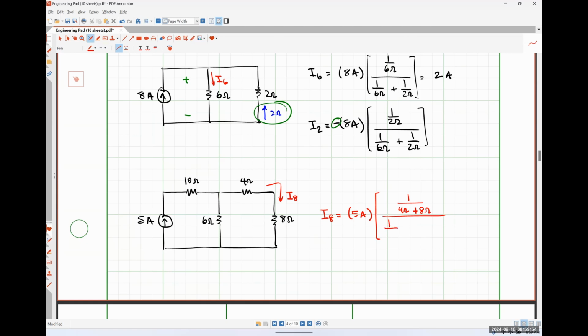Then down here in the denominator, I have my 1 over 6 ohms plus the same 1 over 4 ohms plus 8 ohms. And that should come out to be, so let's see, 5 times 1/12 over 1/6 plus 1/12. I bet it's going to be a third of 5, so 5/3. So I made the numbers too easy.